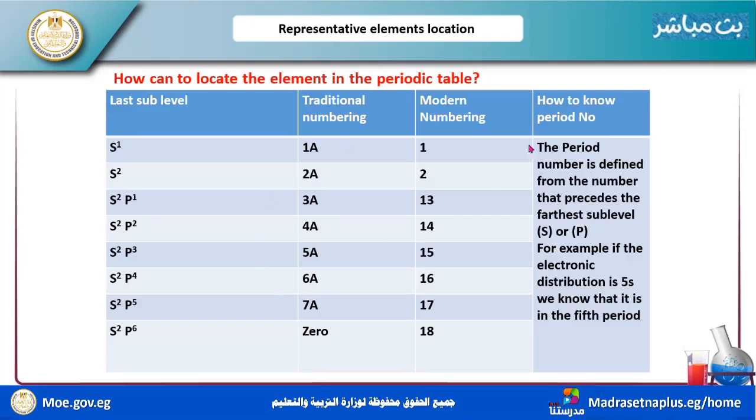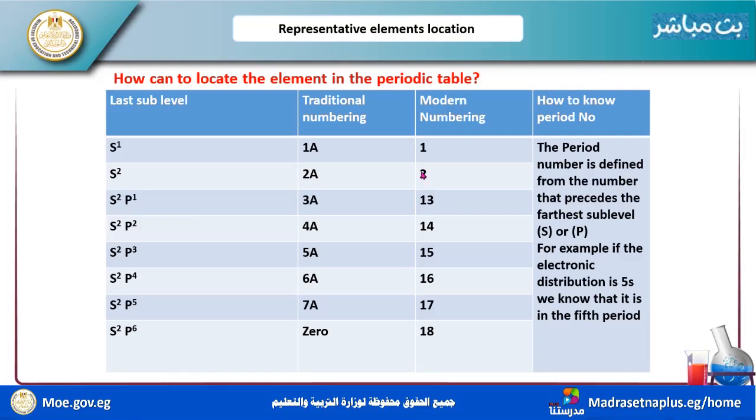In the modern periodic table, A groups are 1A, 2A, 3A, 4A, 5A, 6A, 7A, and 0. How can you locate these? By electronic configuration. If the farthest sublevel is s1, we call it 1A, and in the modern numbering it is number 1. s2 is 2A, it is 2.